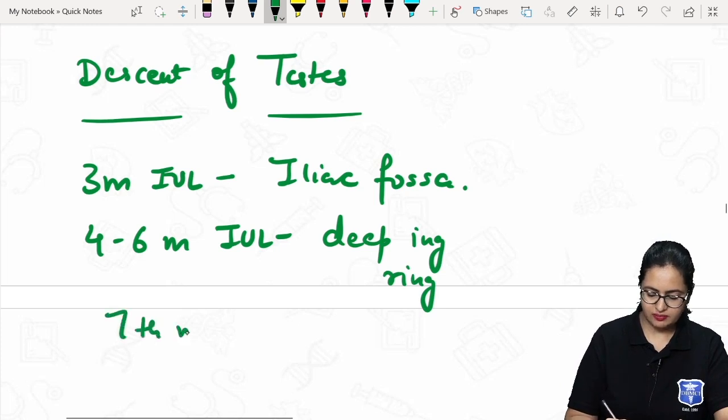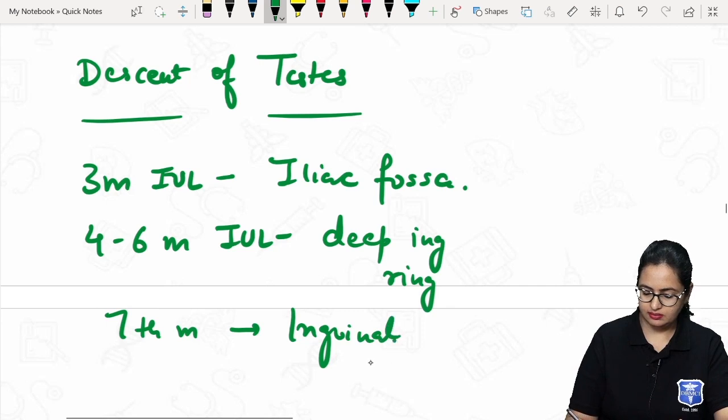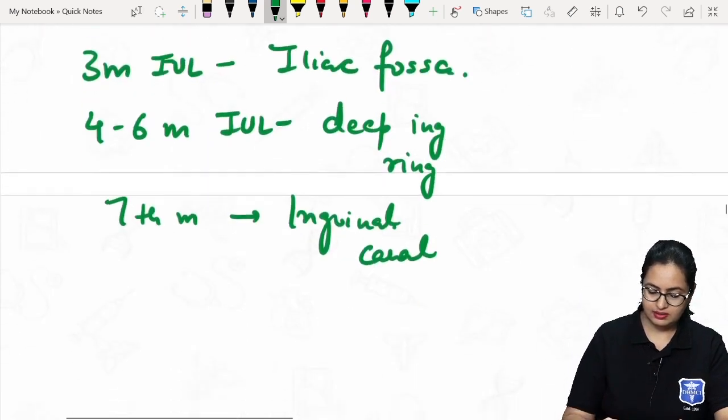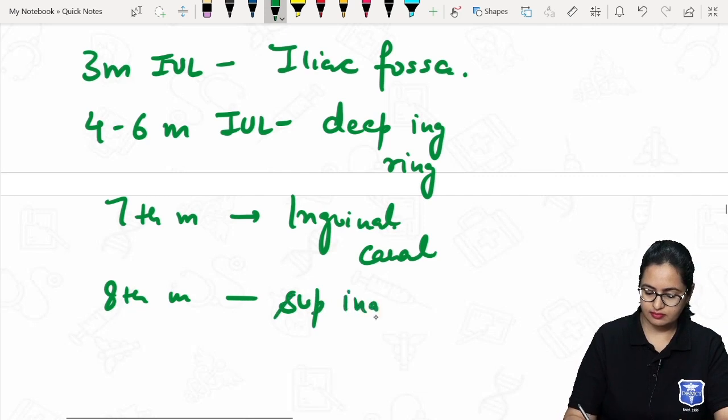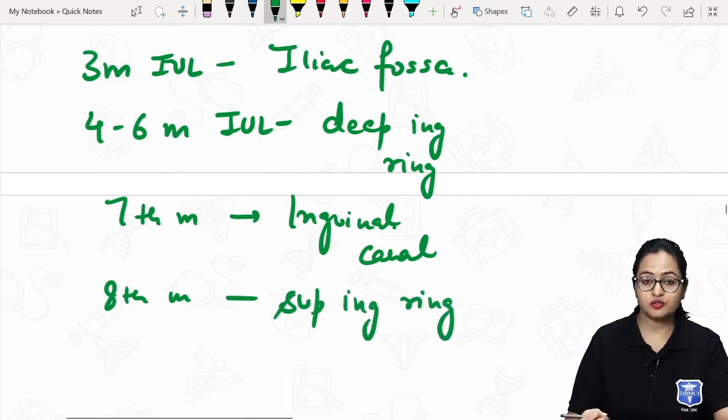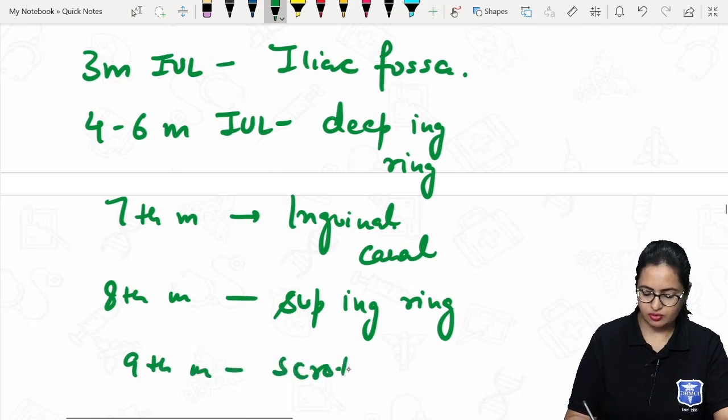Then by the 7th month, it passes through the inguinal canal. By the 8th month, it is present at the superficial inguinal ring, and by the 9th month, it reaches the scrotum.